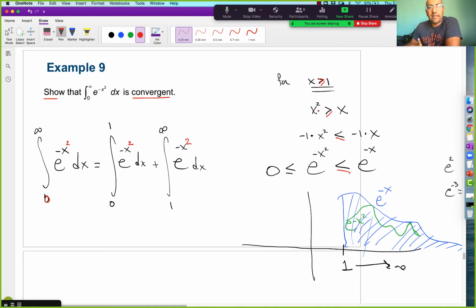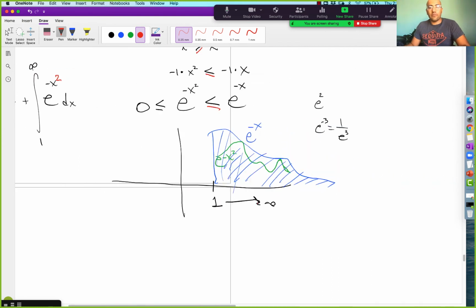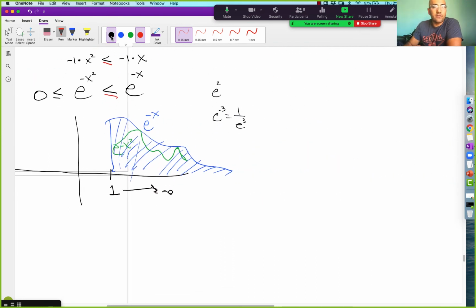If we try and take like 1/2, 1/2 squared is less than 1/2. So it would be in the other direction for values between 0 and 1. Okay. So this one is kind of tidally locked with this function of e to the negative x. If e to the negative x converges, then so will this one. Good. All right, so now we go off to the side here and think about what that function is.